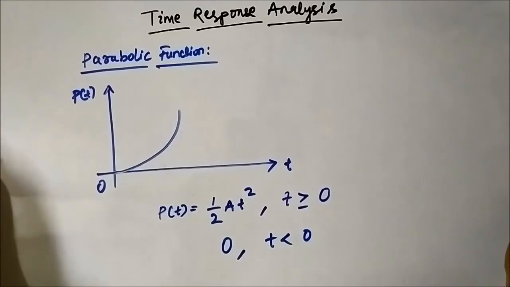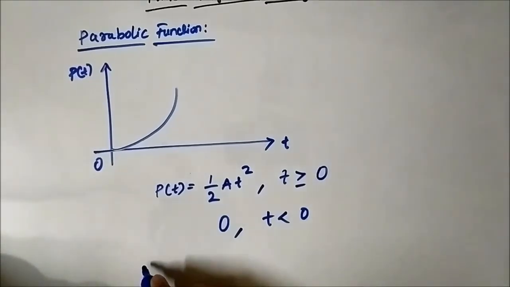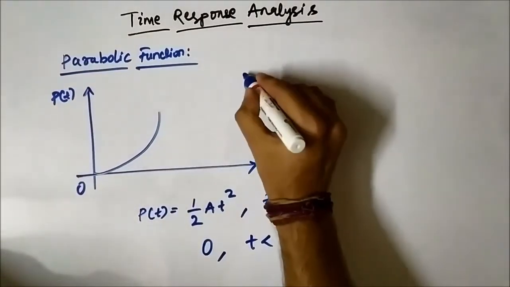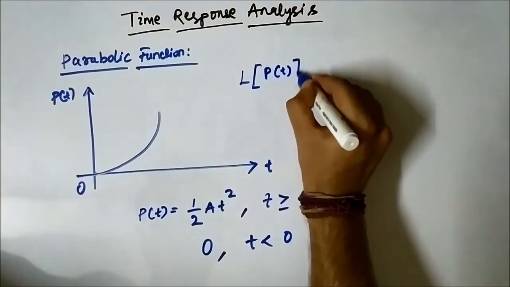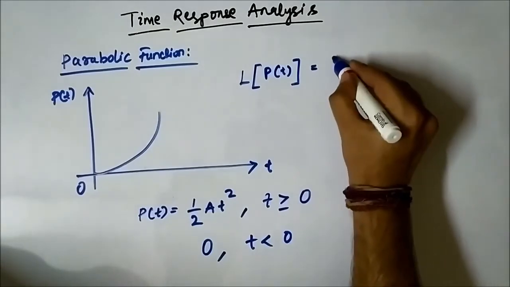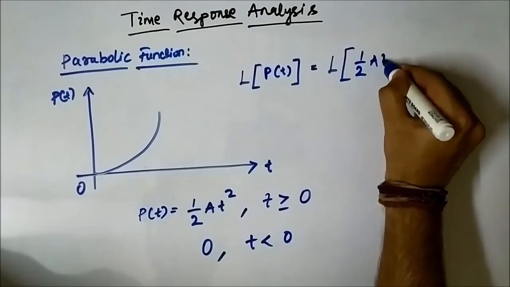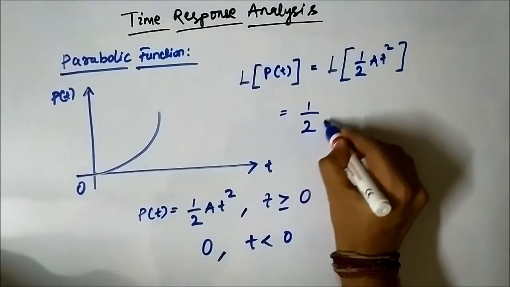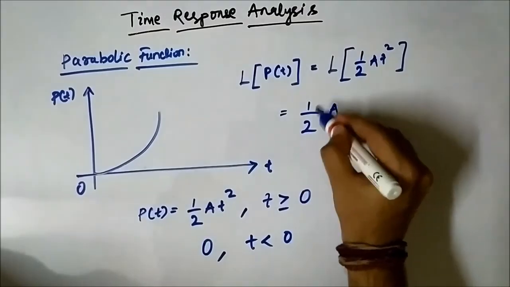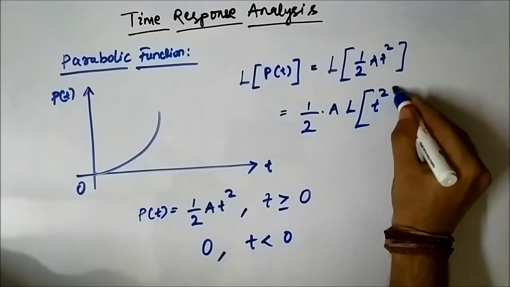So again, converting it into the Laplace transform domain, or the S domain, the Laplace transform of the parabolic function will be the Laplace transform of 1 by 2 a t square, which will be equal to 1 by 2 into a. Since they are constants, they will come outside the Laplace transform of t square.